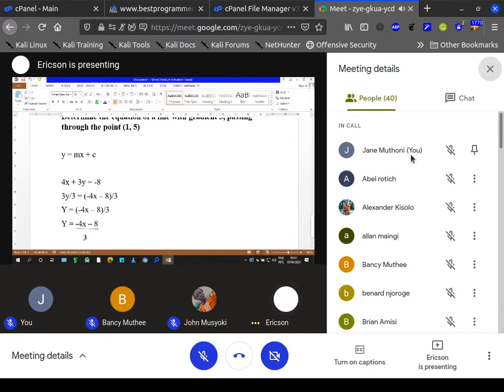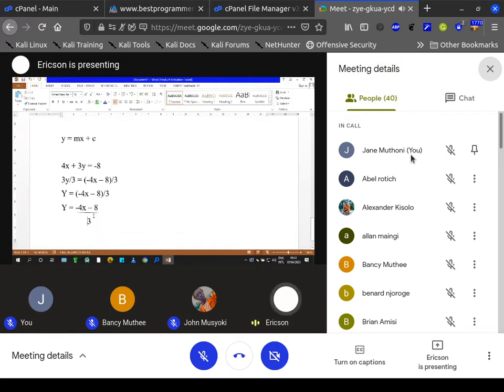This is what I'm talking of. But you'll find that when you have written this right hand side, it may be hard for you to interpret what mx is on this side and what c is.